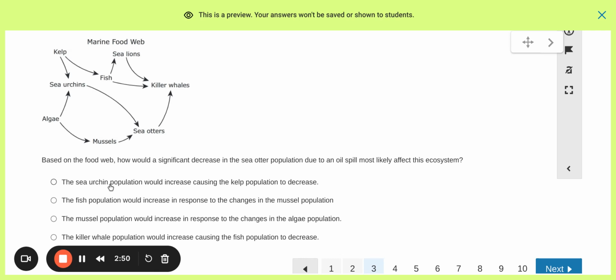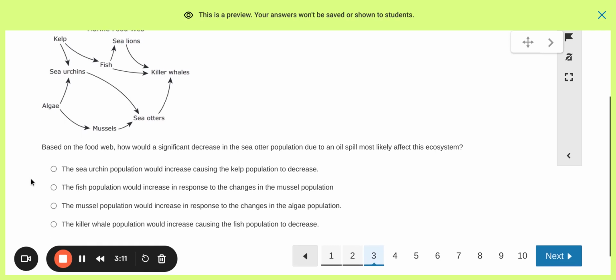The sea urchin population would increase, causing the kelp population to decrease. So the sea urchin population would increase because the sea otters aren't there to eat them. And if they increase, then the kelp might decrease because they eat the kelp. So A is a good possibility.